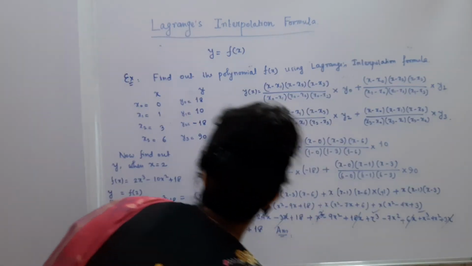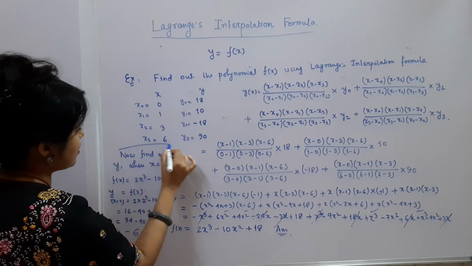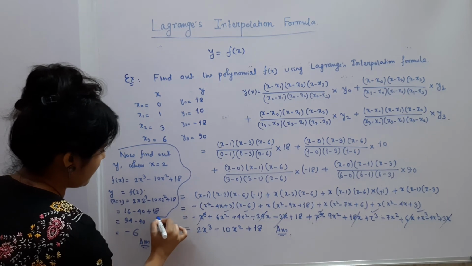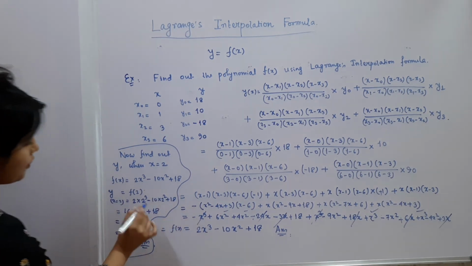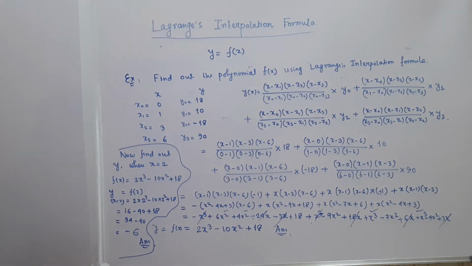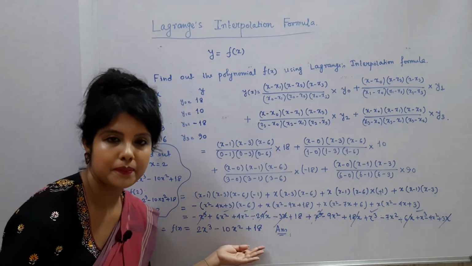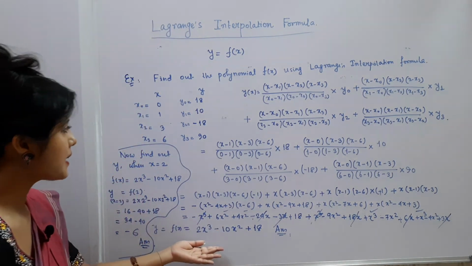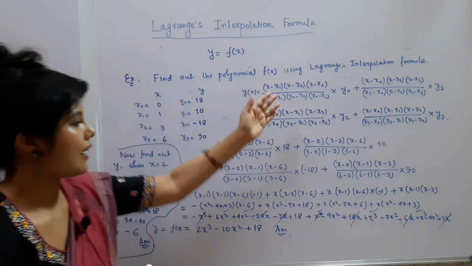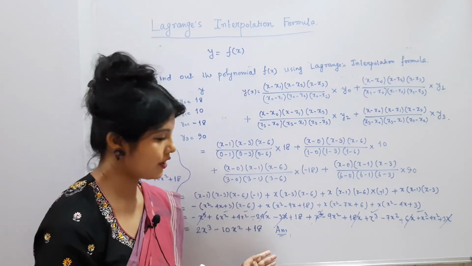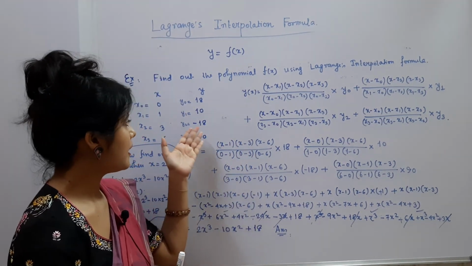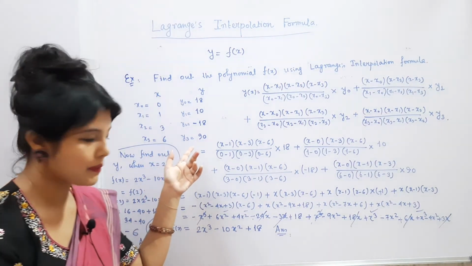So you can also find out y for any particular value of x, whenever you have this general polynomial. So this is the polynomial using Lagrange's interpolation formula that I have got, and clearly x are not equally spaced here.